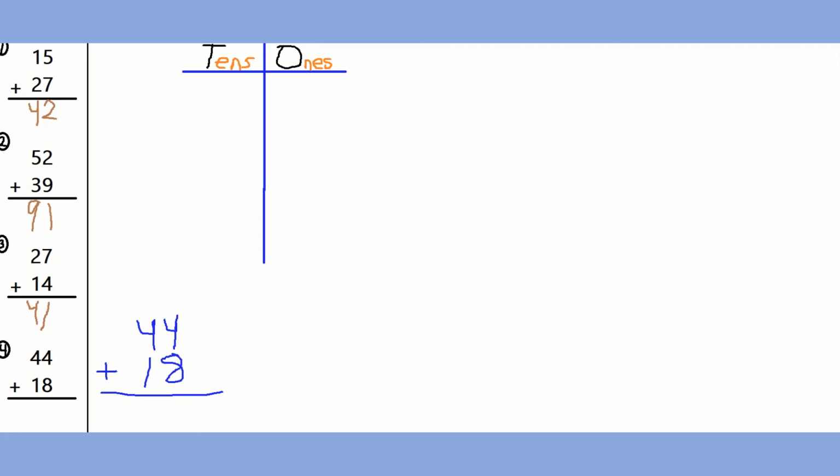And you need to write it so that they're in columns, so that the 4 is right above the 8 and the other 4 is right above the 1. And then once you write it, I want you to draw that line right down the middle just like I did. And then draw another line right above that and put your T on your left and your O on your right. Pretty much the word TO.